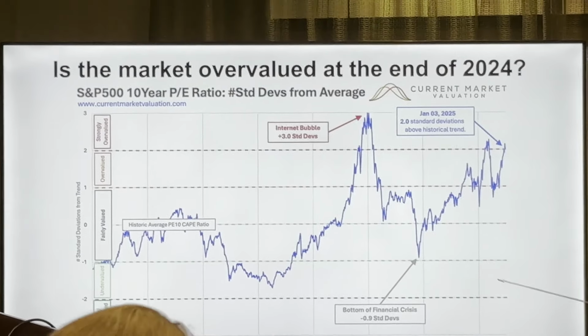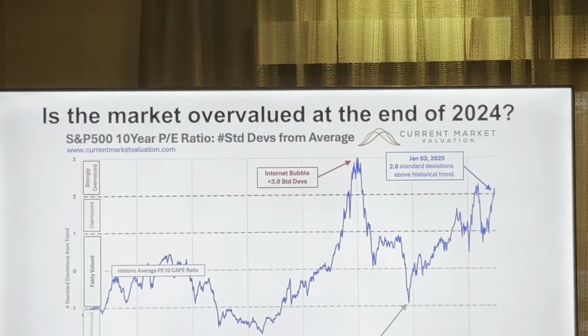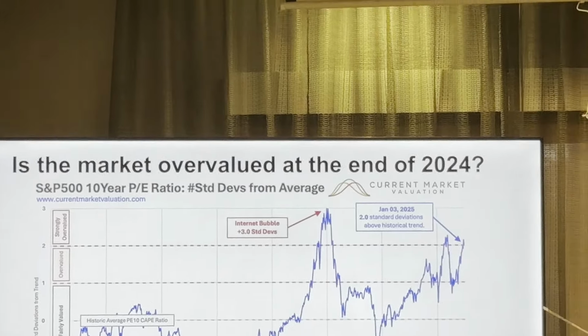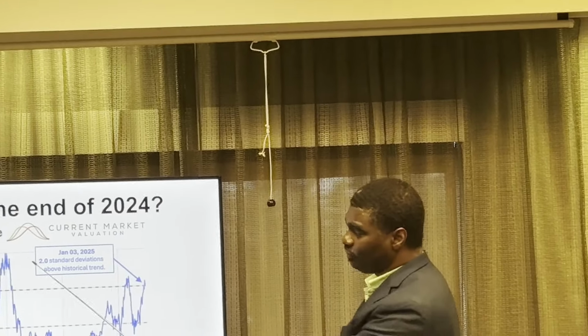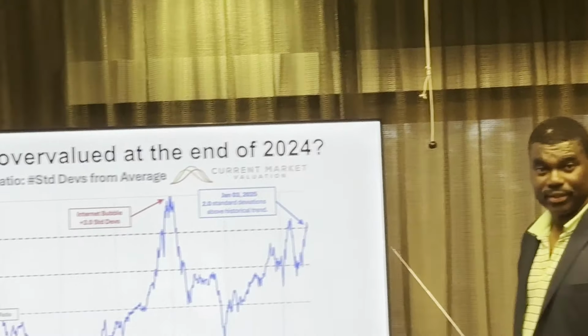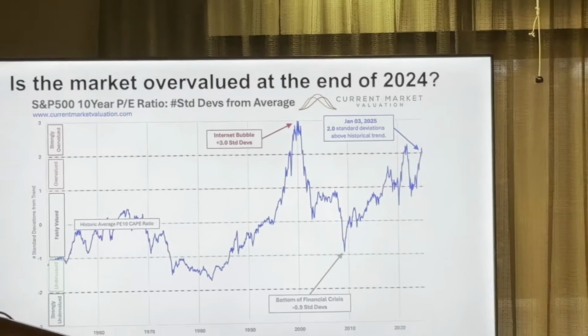So again, using the 10-year CAPE price to earnings ratio, we are seeing that the stock market, again, measured by the S&P 500, is in rarefied overvalued territory. That's the second way of looking at the market.